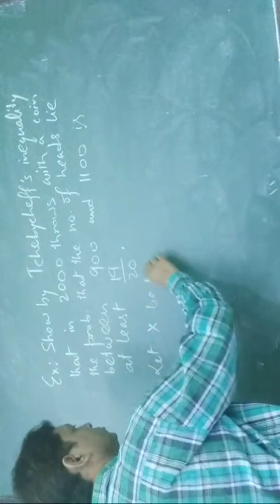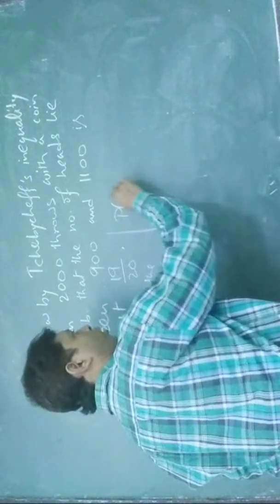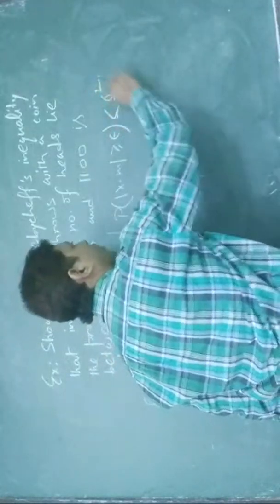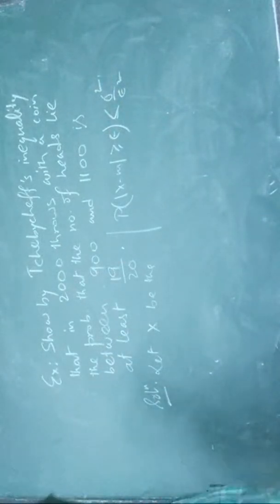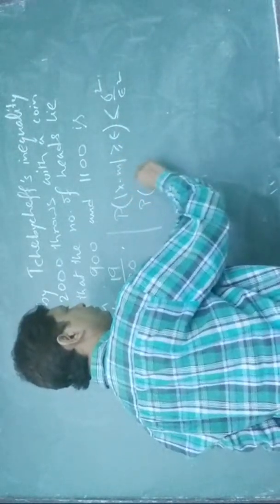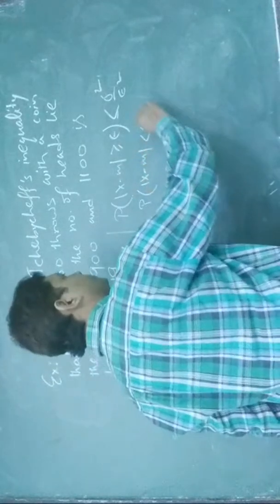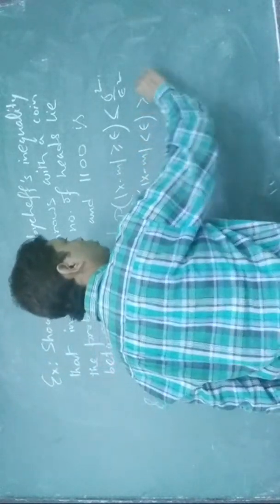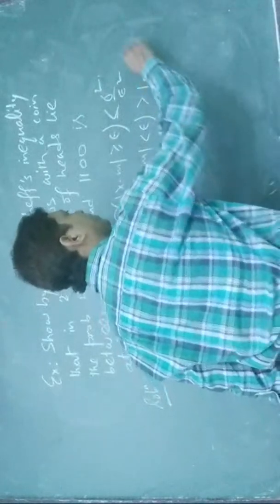So let x be the random variable. If you want to use the inequality, what is the inequality? Let me recap. Probability of mod x minus m greater equal to epsilon less than equal to sigma square by epsilon square. Another form is: probability of mod x minus m less than epsilon greater equal to 1 minus sigma square by epsilon square.